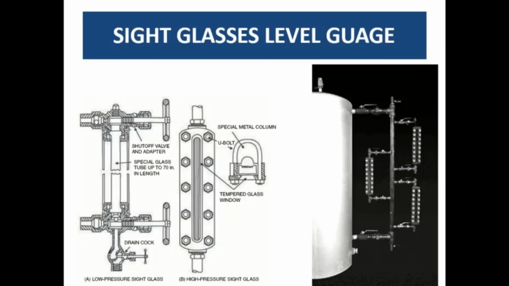There as well, a level transmitter is installed on the boiler, but for visualizing the actual level of the liquid, we also install side glass level gauges of this type of level glass.